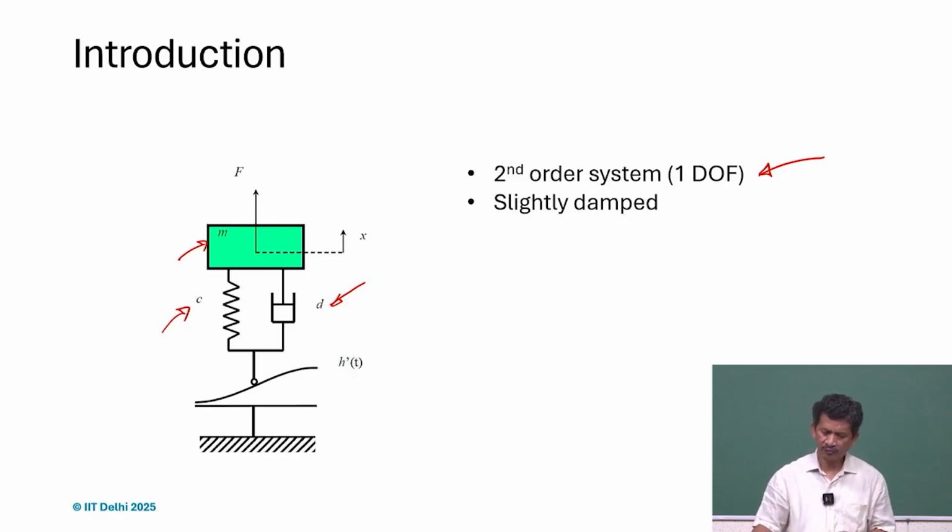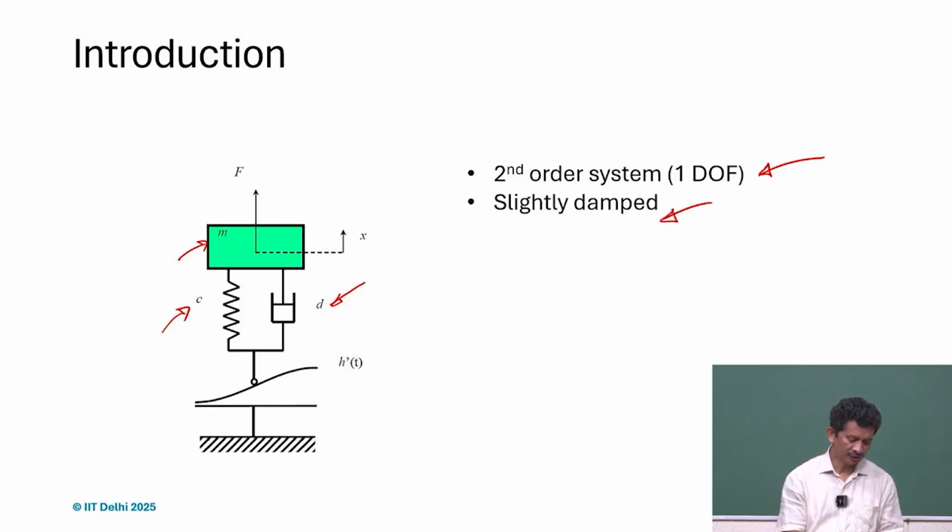What we realize with respect to flexures is that since there is no sliding or rotating contact, no direct physical contact, the damping is many times quite less. So we may have to introduce additional damping if required. But in most cases, we can model it as a slightly damped second order system like this.